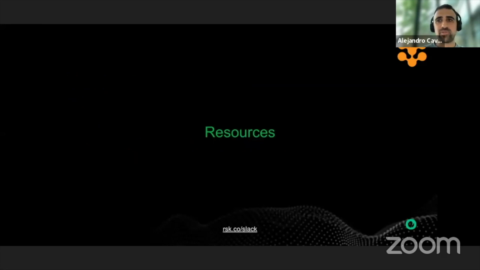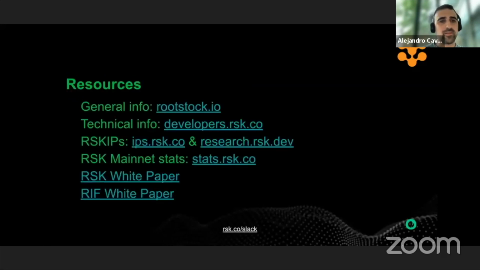Okay, some useful resources. This is something that we will share in Discord, so don't worry about copying the links now. But for general info about Rootstock, the developer portal is the best place to get technical information.